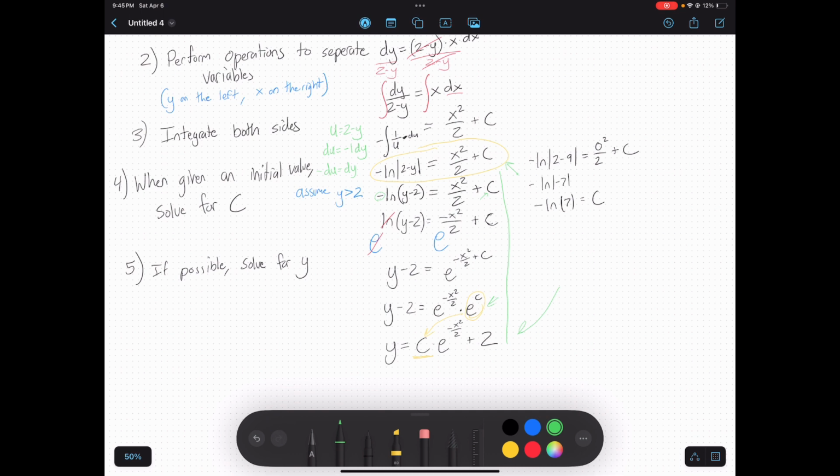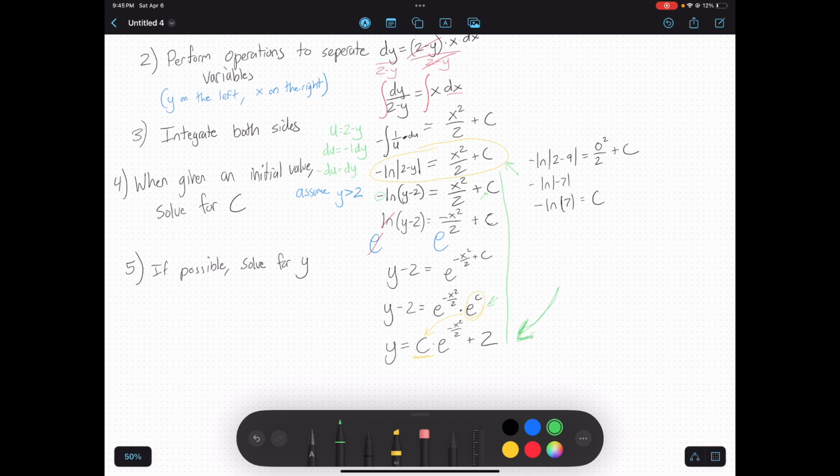when you first find your integral, solve for C there before you finish solving for y. Okay, so that's one option, is solve for C right then. Don't solve for y until you solve for C. Or your other option is go into solve for y and plug in your initial value down here.